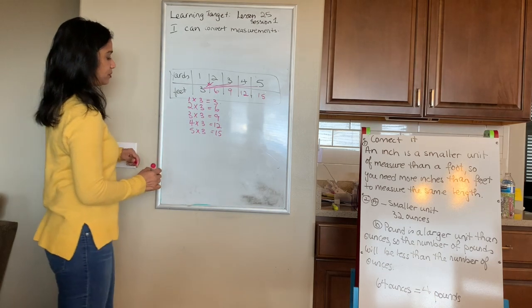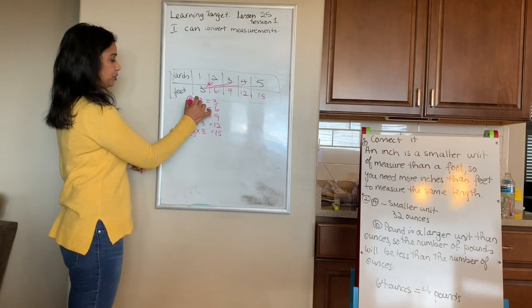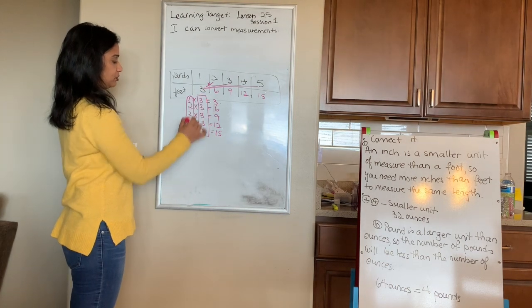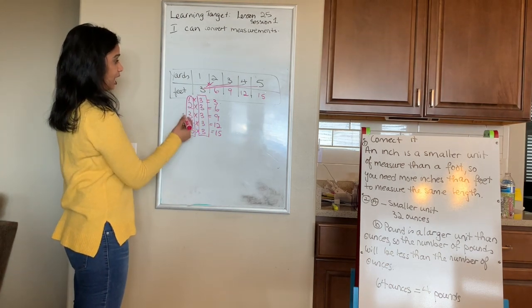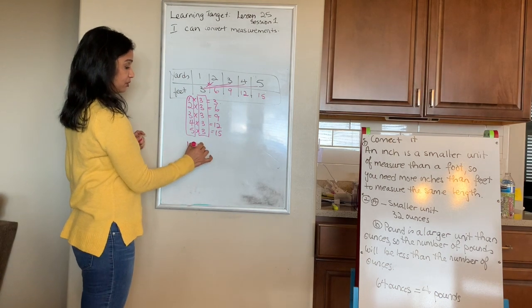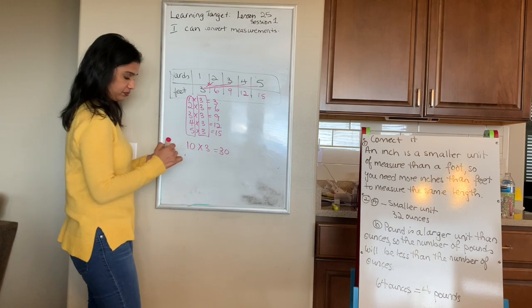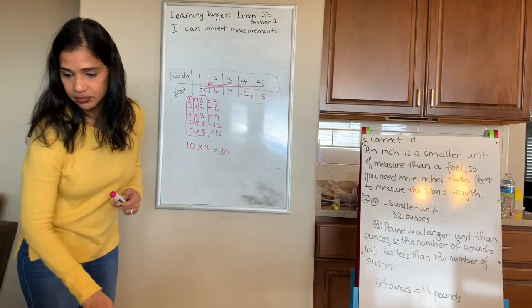Do you see that? So it increased by a factor of 3. So if I wanted to know how many feet 10 yards would give me, all I need to do is multiply that by 3 and I will get 30.